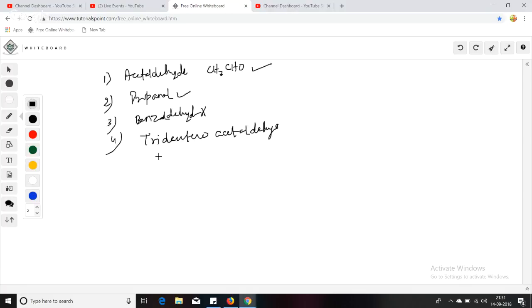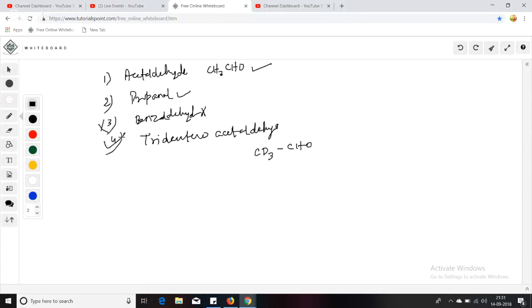This is a multiple choice question, with more than one answer. These two are true, this one is not possible. Trideuteroacetaldehyde has three deuterium instead of hydrogen, CHO. Whenever you have D in place of hydrogen, we consider deuterium follows the same pattern of reaction as hydrogen. So the fourth one also gives the right answer.